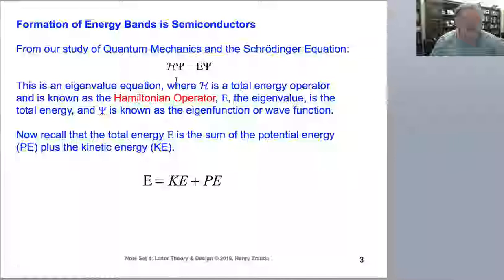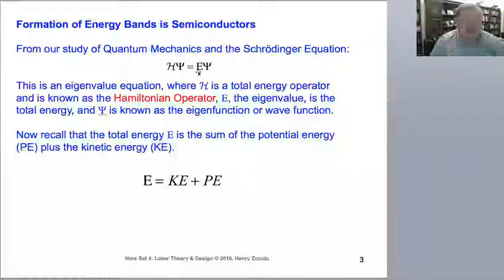And you see why it's called an eigenvalue equation, because the Hamiltonian operator operating on the wave function psi is the energy times psi. So classic kind of eigenvalue, eigenvector, eigenfunction, I should say, equation. The phi's are the eigenfunctions, and E is the eigenvalue.